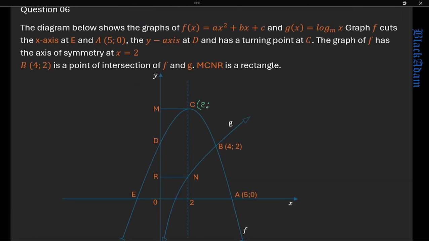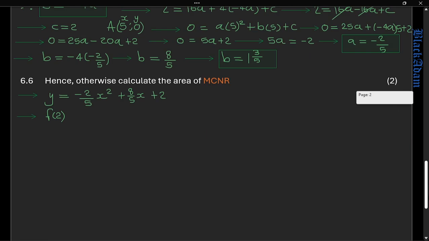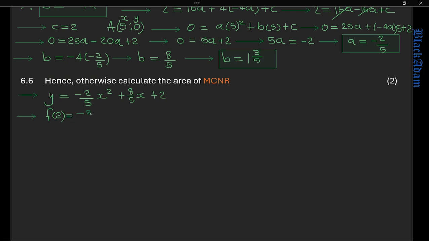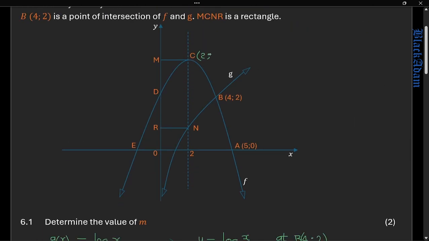So if x is 2, what do we get? 2 times 2, plus 8 over 5 times 2, plus 2. So x equals 2, our graph touches at 18 over 5. So 18 over 5, that's our height there.